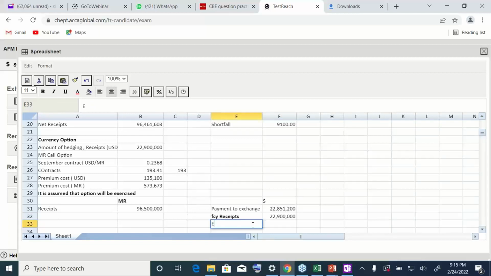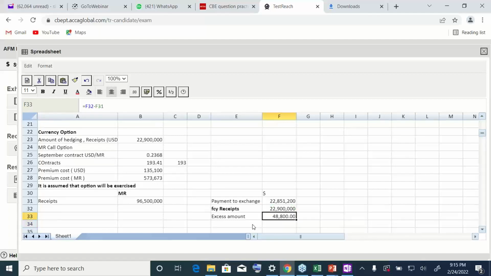So what is the excess amount which you have received? 22.9 million minus 22.85, 48,800 is the excess amount.